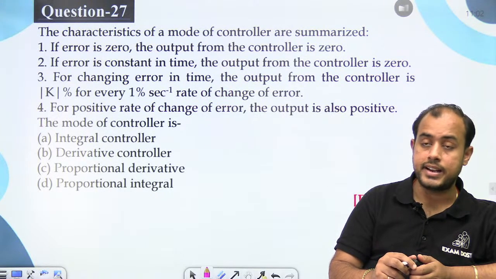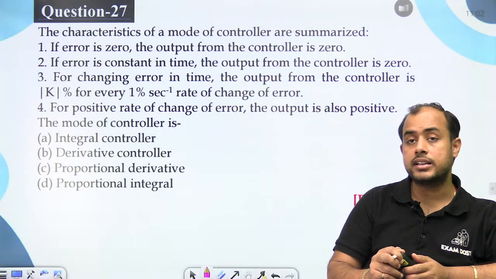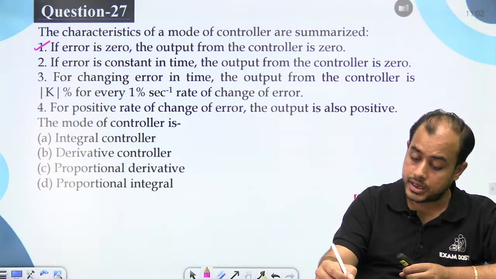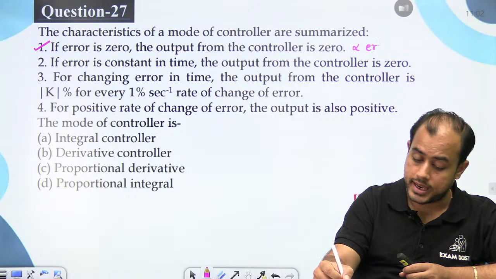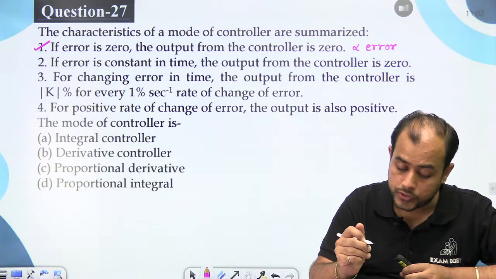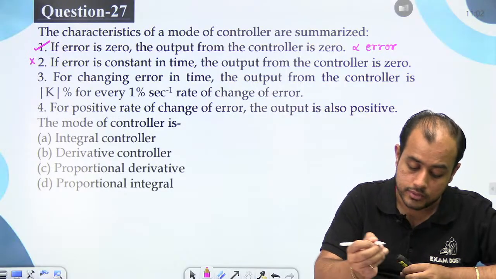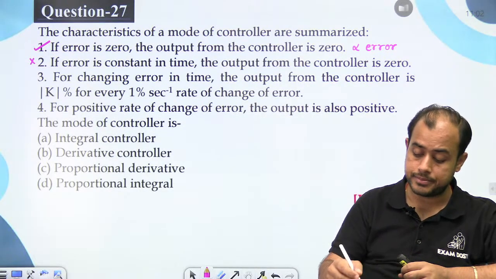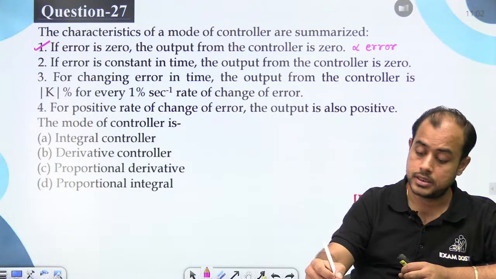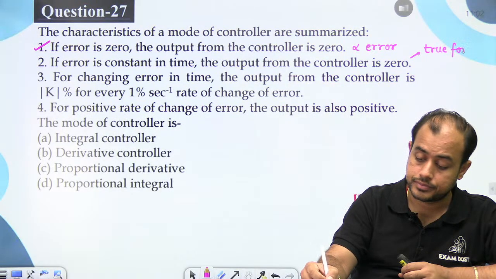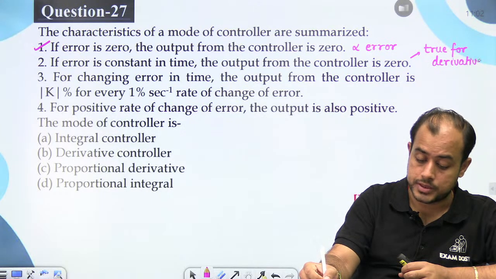ESE 2017. If error is 0, output of controller is 0. Yes, because it is proportional to error. If error is constant, output from controller is 0. वो डिपेंड करता है, अच्छा कौन सा कंट्रोलर है. ट्रू फॉर डेरिवेटिव, कांस्टेंट का आउटपुट 0.